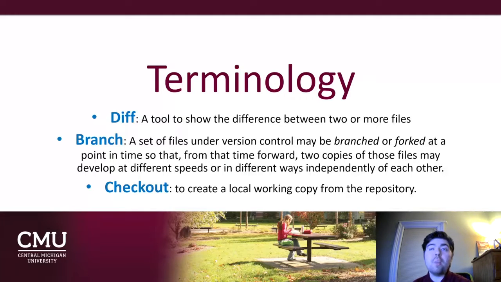So some terminology that applies to both that I'd like to introduce you to. Three words in particular. A diff is just a tool that you use to show the difference between two or more files. A branch is a way to indicate that you're about to explore a new feature set or something like this in the software. That's typically what it's used for.